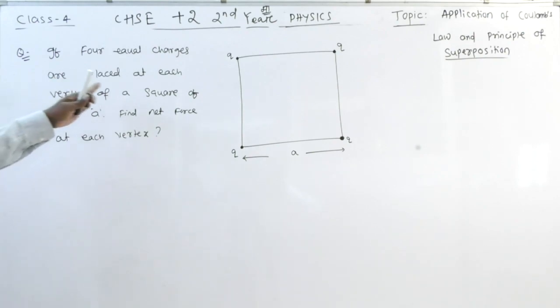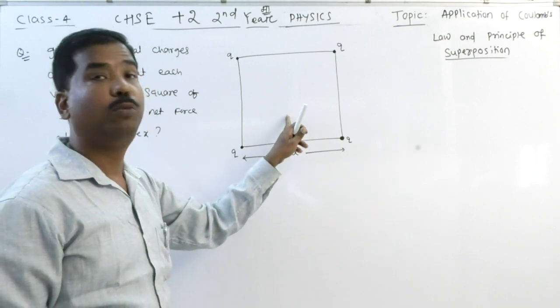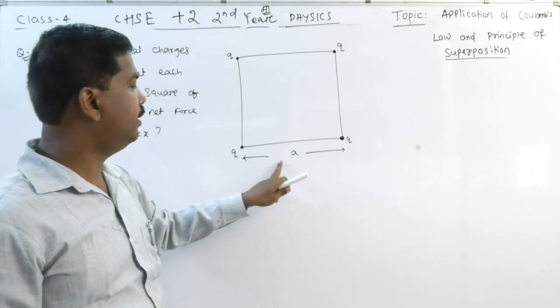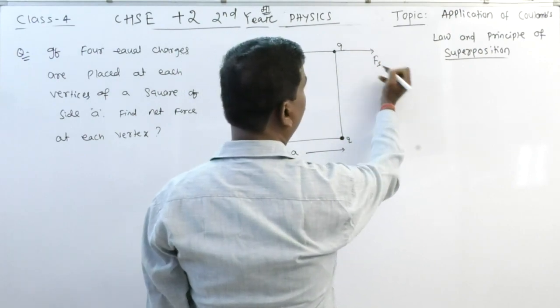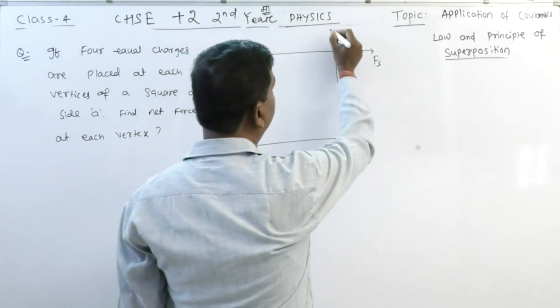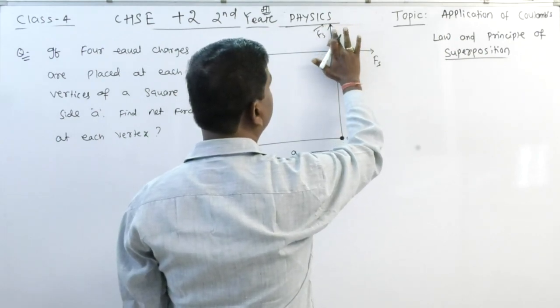I have taken 4 equal charges Q at the 4 vertices of a square, and the side is A. Let us say this is Q, this is Q. This is the force due to the side, and this is also the force due to the side.